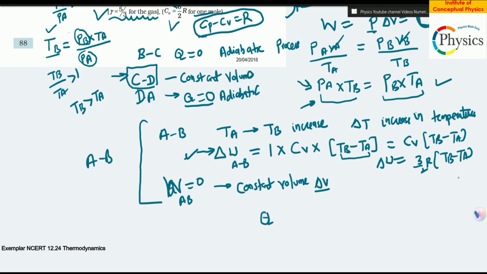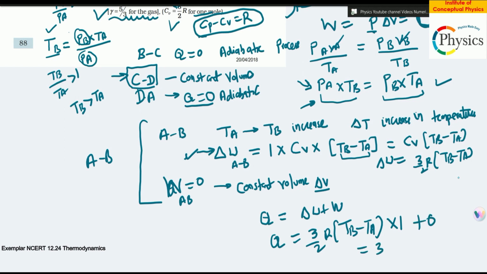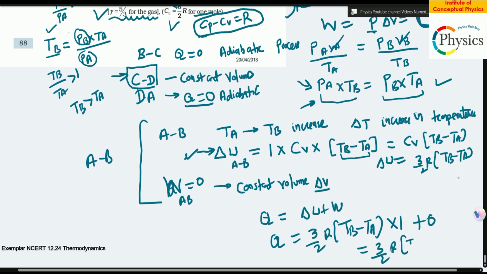Q is equal to delta U plus W. Q is equal to delta U, which we have calculated as 3 by 2 R (TB minus TA), since n is 1, plus 0. So 3 by 2 R (TB minus TA) is the heat added during the process A to B.